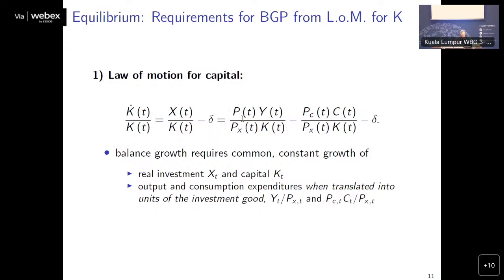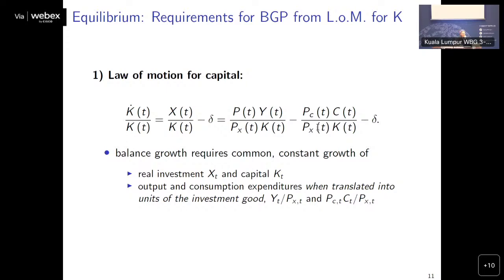But basically what it boils down to is, in order to get this thing to be constant on this side, you have to have that income in terms of the investment good and consumption expenditures in terms of the investment good have to be constant. I think you have PX here because you have values in the numerator as well.